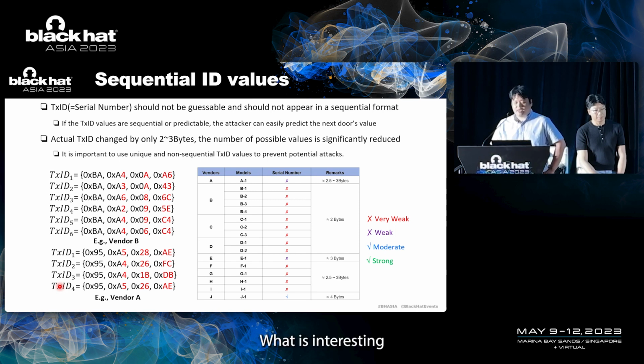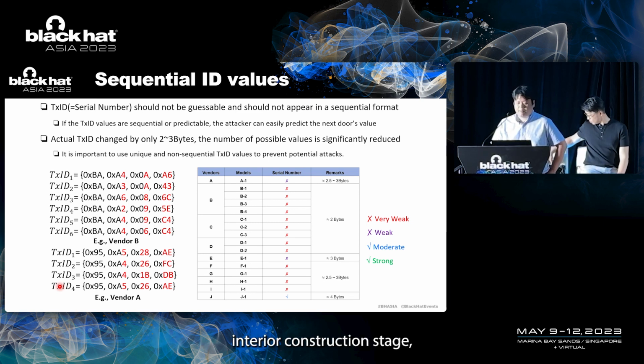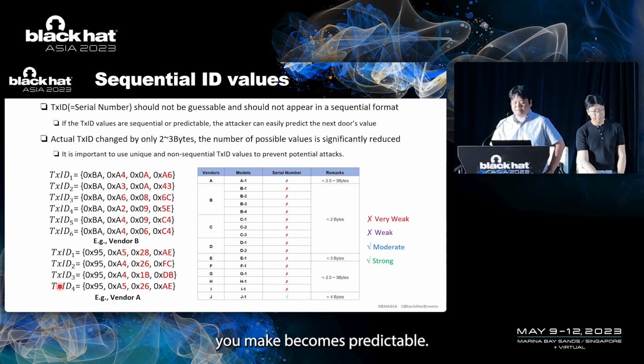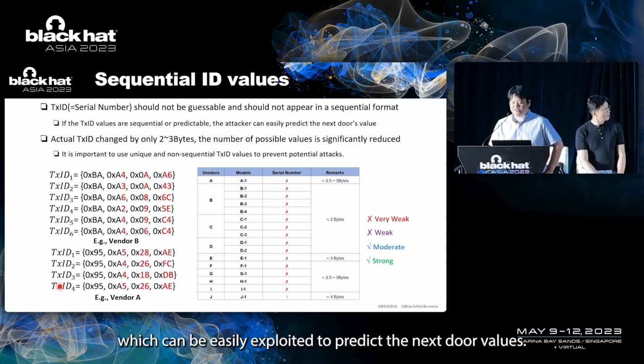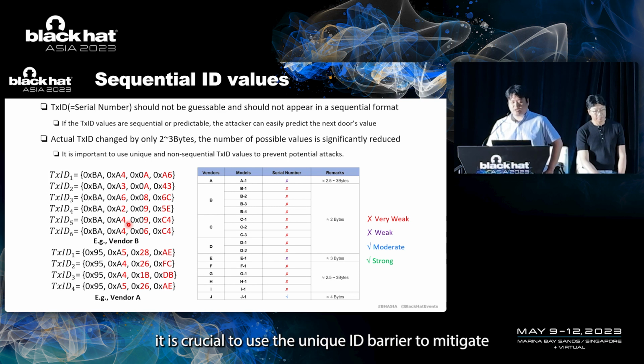What is interesting is that when the same product is distributed and installed in large quantities during the building interior construction stage, there is a possibility that the ID value may become predictable. In such a case, the ID values of the product may have a certain pattern which can be easily exploited to predict the next doorlock values. Therefore, it is crucial to use a unique ID value to mitigate potential attacks.